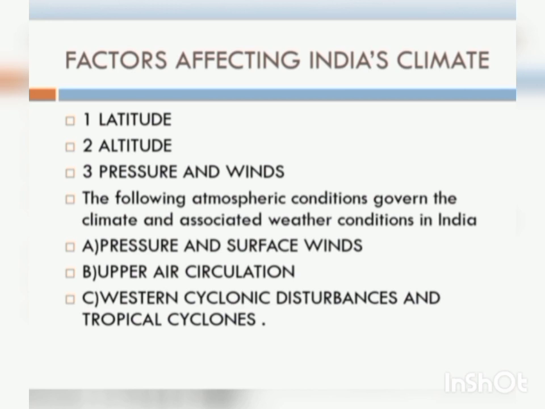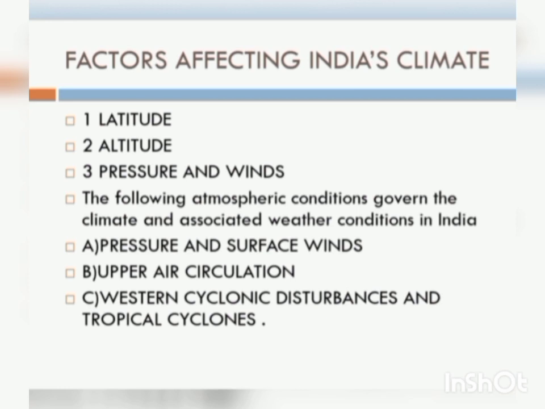In summer, due to high temperature, a low pressure area develops over interior Asia and over northwestern India. Air from the high pressure area of the southern Indian Ocean blows, crosses the equator and turns right towards this low pressure region, resulting in a complete reversal of wind direction.